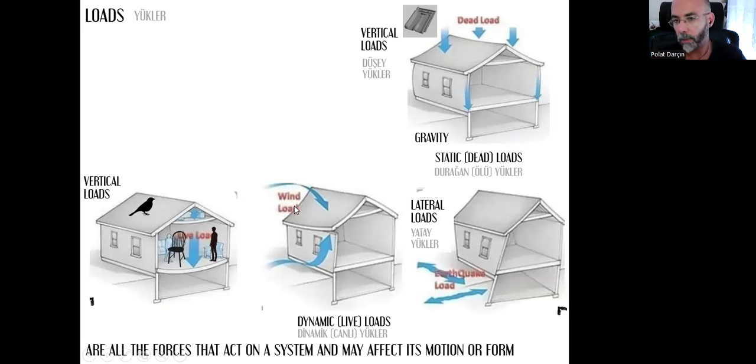And these can be caused by winds. When the wind blows over the surface of this building, then it will create this lateral load. Same with the earthquake. When the earthquake occurs, then it forces the building to move laterally in this horizontal direction.